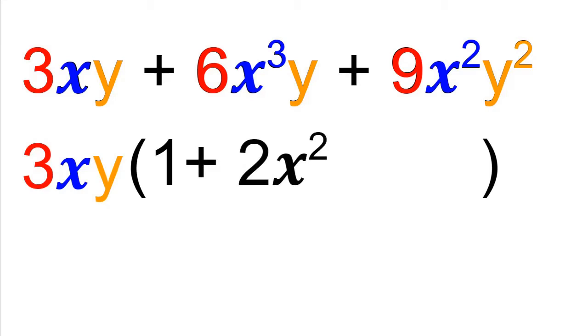So we're left with 2x squared. Then we have 9x squared y squared. So we do 9 divided by 3 first, and we have 3, x squared divided by x, then we have x, y squared divided by y, and then we're left with y. So this is the factored version of our expression that we had before.